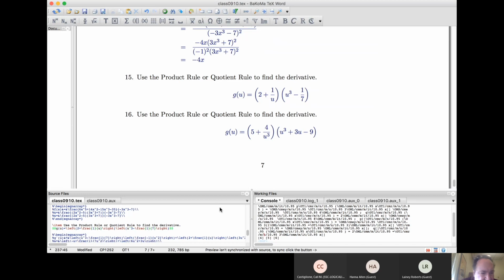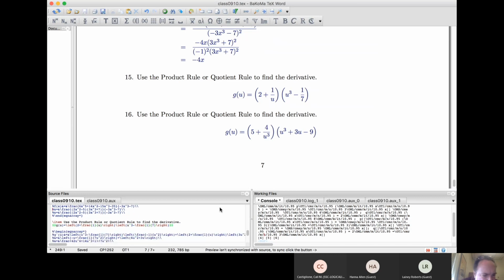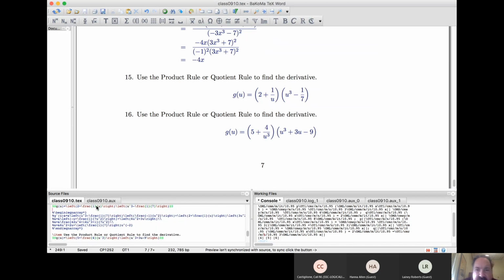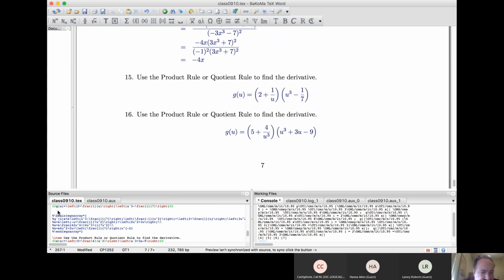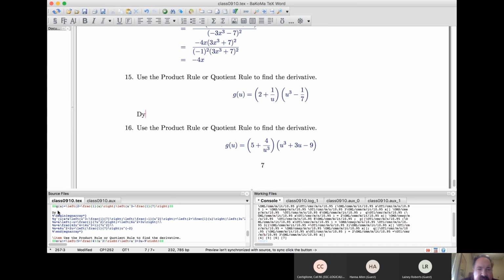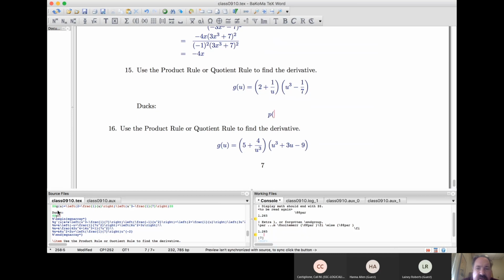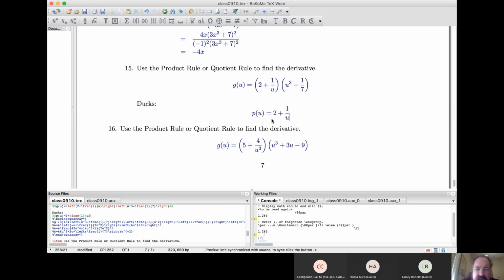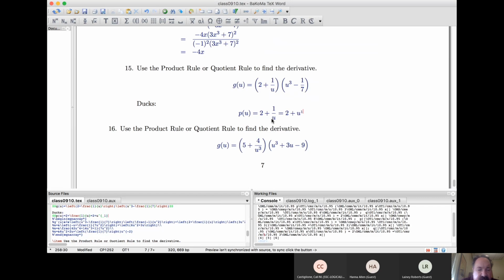Now here we have another product rule example. All right, so P of U is a function of U, so that's 2 plus 1 over U. But I'm going to write it this way, 2 plus U raised to a minus 1, because I need to take its derivative, and it's easier to do it in that form.